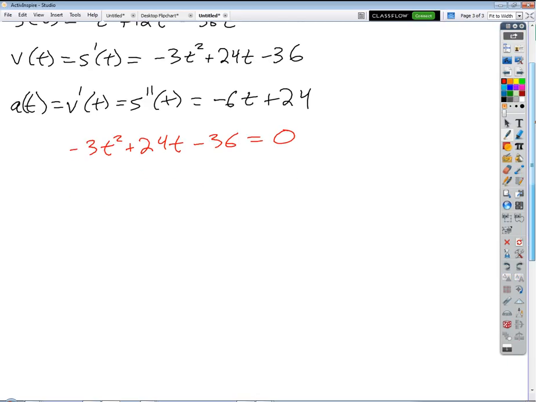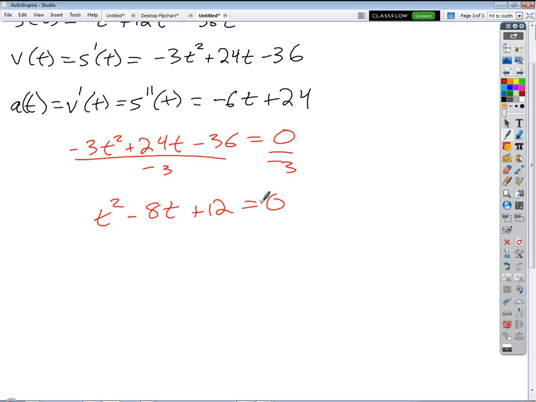Let's do the algebra real quick. Don't we put this in our calculator? No, we don't need our calculators for this one. We're going to take out a 3. We divide both sides by negative 3. That gives me t squared minus 8t plus 12 equals 0.